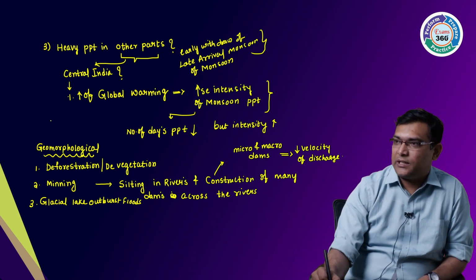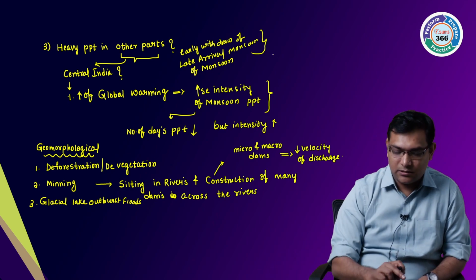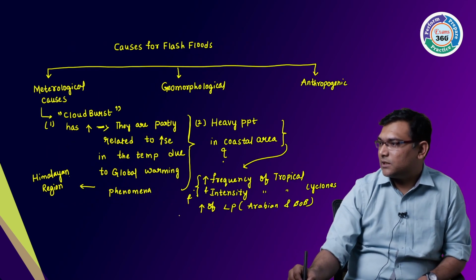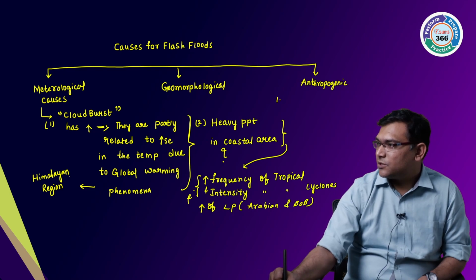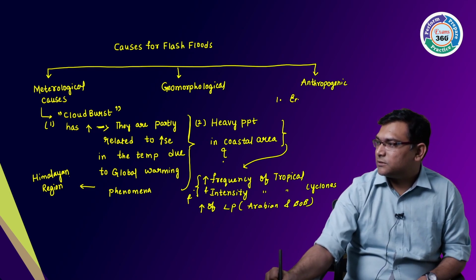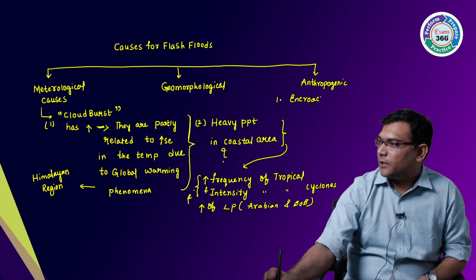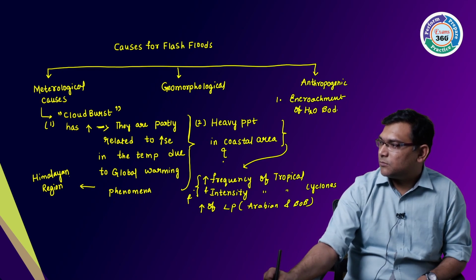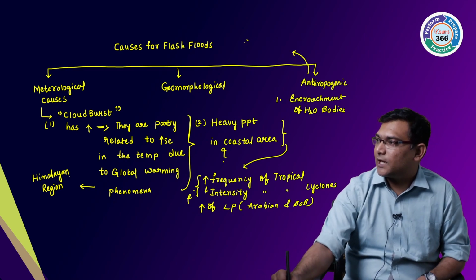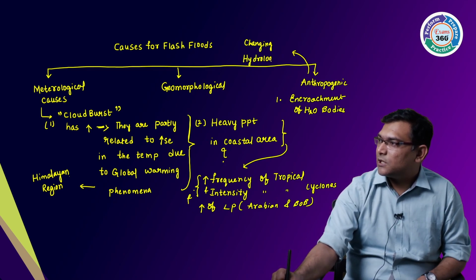You can also say the anthropogenic causes, first is due to the encroachment of water bodies. That means you are changing the hydrological cycle.